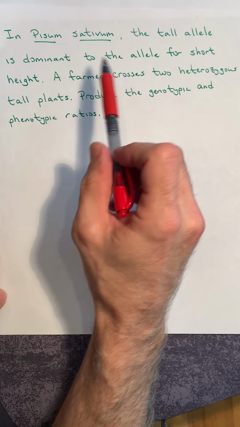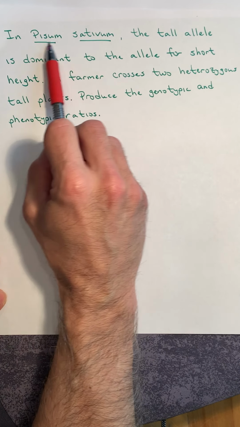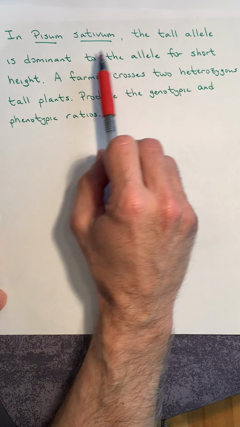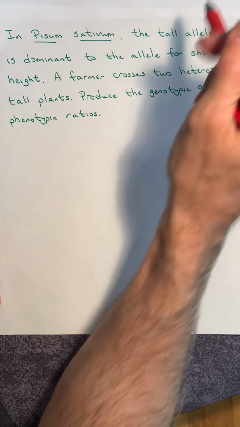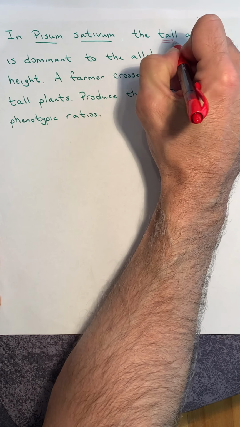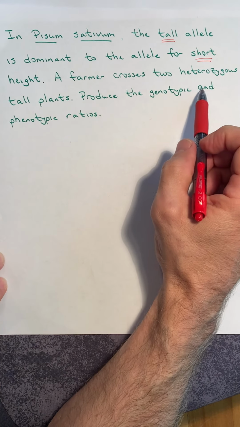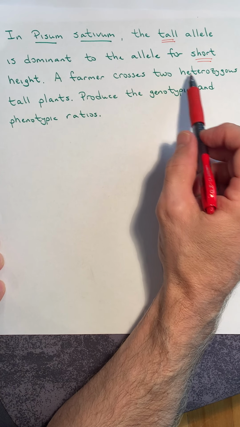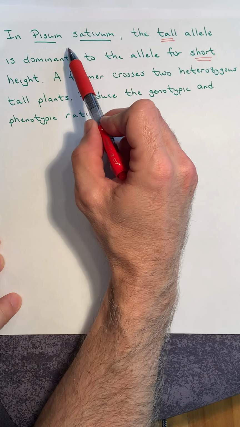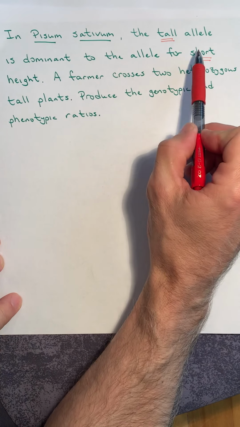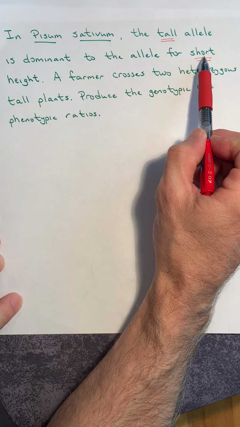So every genetics problem will start, and it will tell you about the organism that we're talking about, and then it will give you information about the alleles. So what do we know? We know that there's tall, and we know that there's short. And the problem has to tell you what is dominant and what's recessive. So in Pisum sativum, the tall allele is dominant, and the short allele is thus recessive.